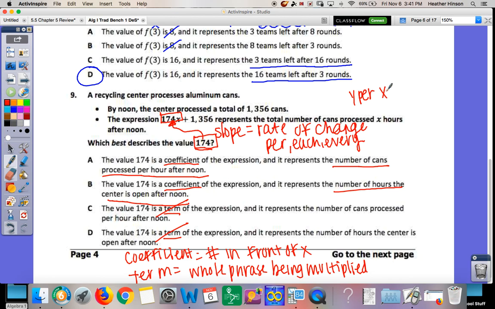What is y here? Well, we know x is our hours. What are they doing every hour? They're processing cans. So it's cans per hour. Which one of those says cans per hour? A. Number of cans per hour.